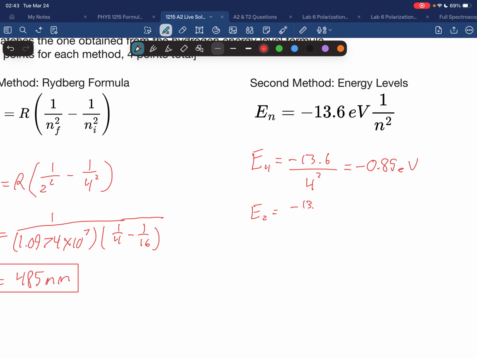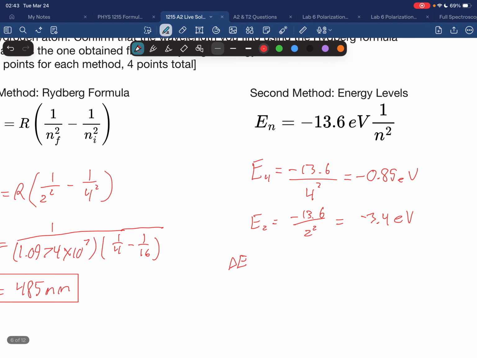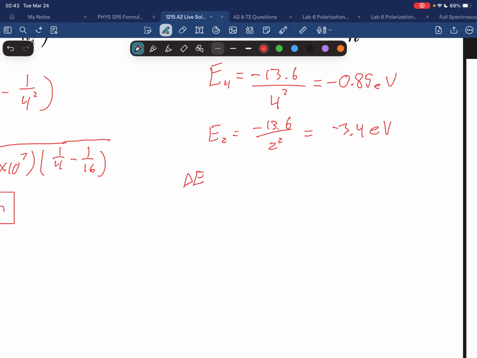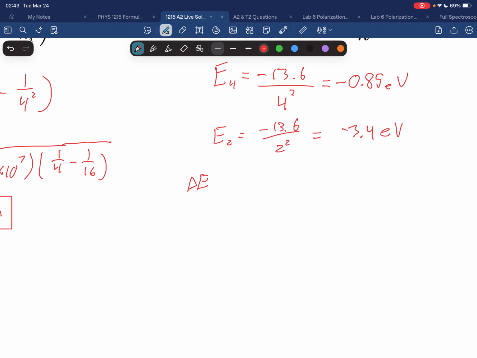For the second energy level, I got negative 3.4 electron volts. And we are looking for the wavelength emitted. So for this, I'm going to need to find the change in energy level, because the change in energy level is going to be equal to the energy of the photon.